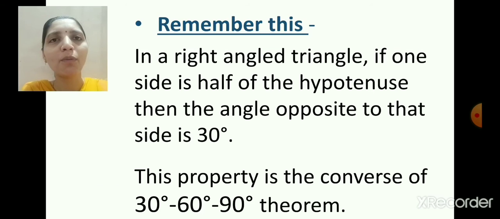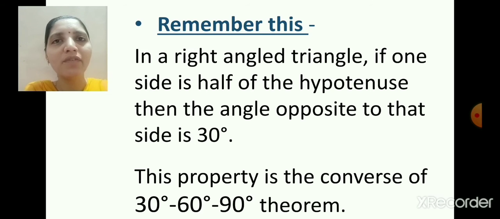One more property you should remember. In a right angle triangle, if one side is half of the hypotenuse, then the angle opposite to that side is 30 degree. And this property is called the converse of the 30 degree, 60 degree, 90 degree theorem. Just now we have seen this theorem.